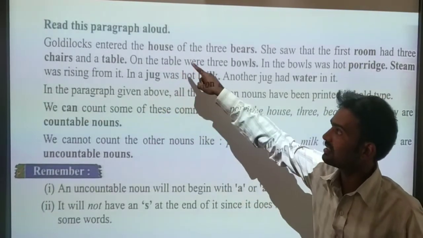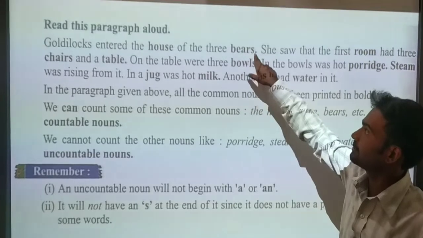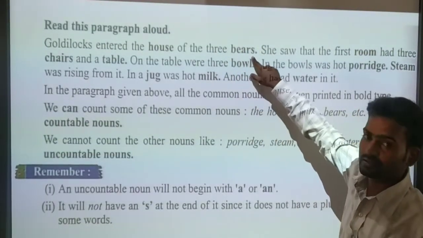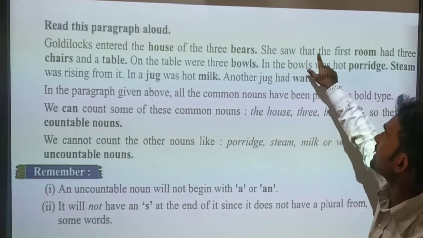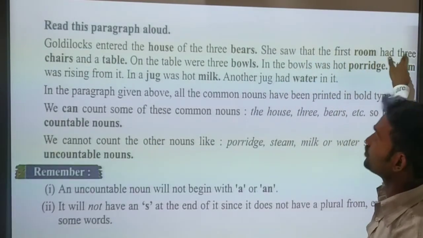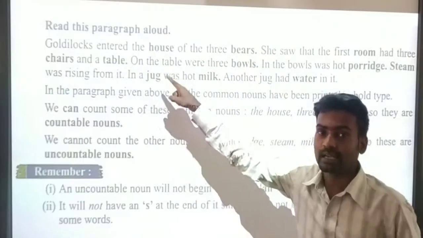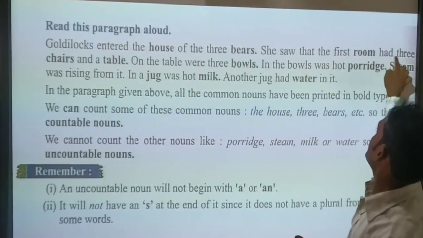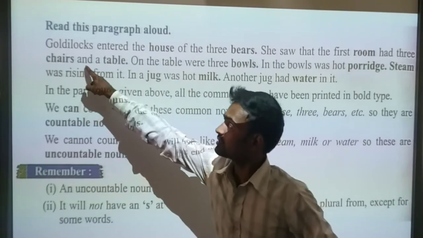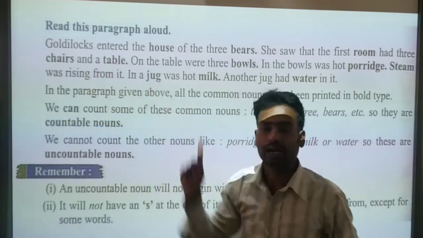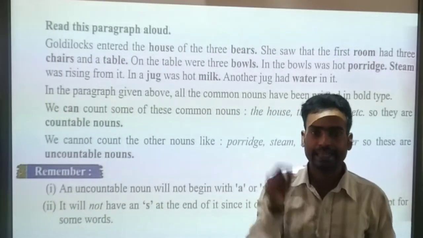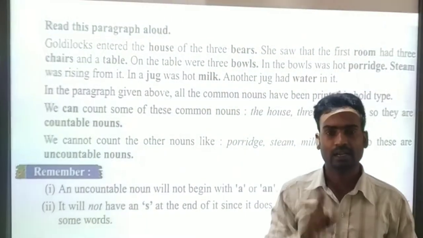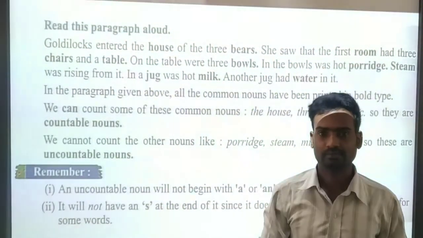Goldilocks entered the house of the 3 bears. Right here, 3 bears. She saw that the first room had 3 chairs and a table. A table means A indicates 1.